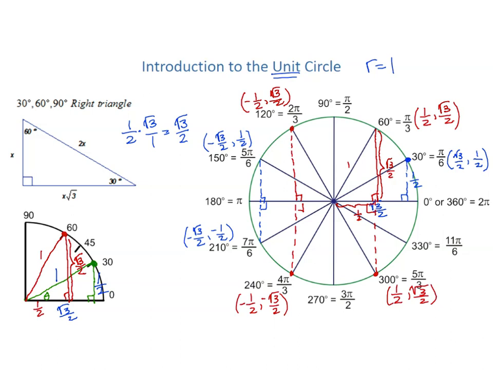And one more. To get to 330 degrees, I would have to go long leg to the right, short leg down. So that's going to be root 3 over 2. And then, oh, I forgot to make this one negative down here because I went down. And then negative a half.